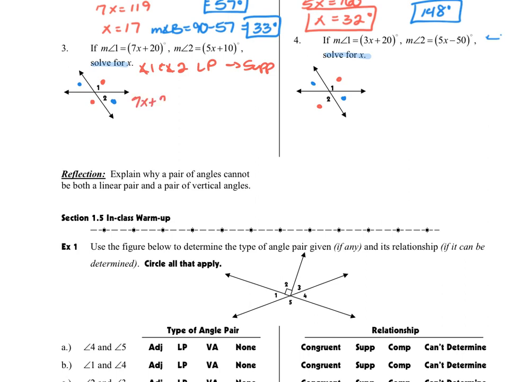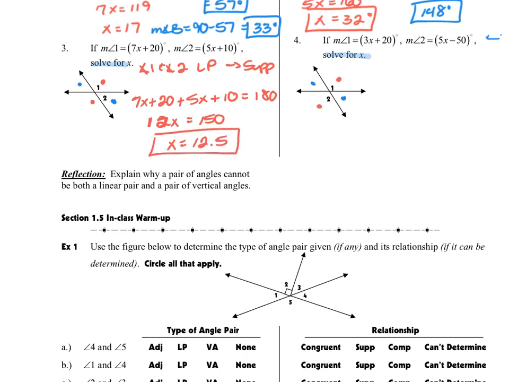We have our 7x plus our 20 plus our 5x plus our 10 equals our 180. So I'm going to get my 12x equals, I lost my 5, sorry about that. 12x equals 150. And we could write that as a fraction, or in this case, I'm going to go ahead and write it as a decimal for us.